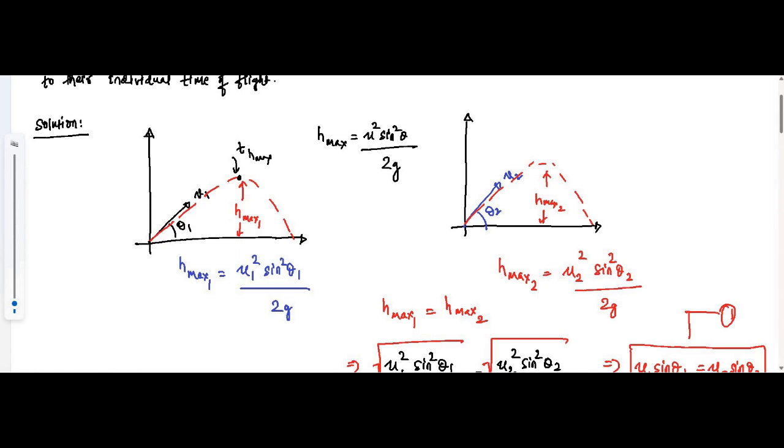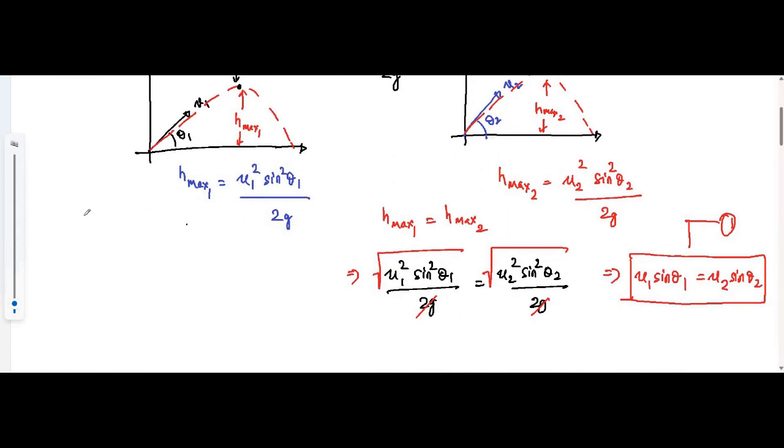We derived it in the derivation part of angular projection. It is equal to u sine theta by g. This is the formula of time of maximum height.